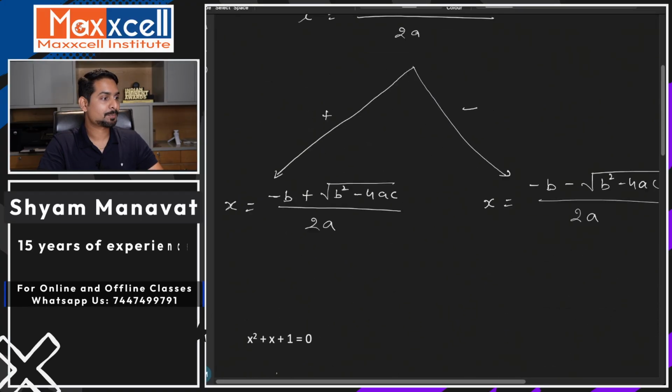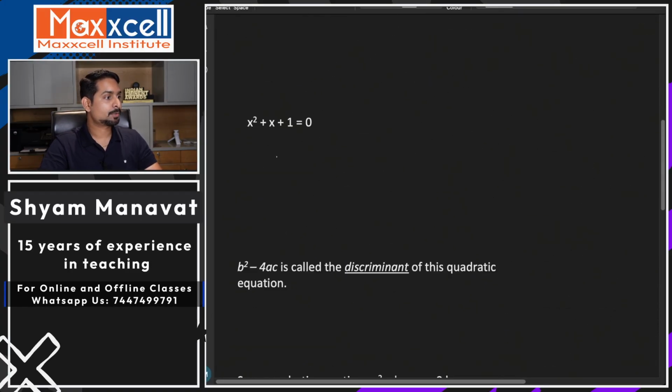Now what if you get a quadratic equation which is not possible to solve by using the splitting the middle term method or factorization method? Yes, we get many situations like that. For example, on the screen, I have one equation for you, x square plus x plus 1 equals to 0.